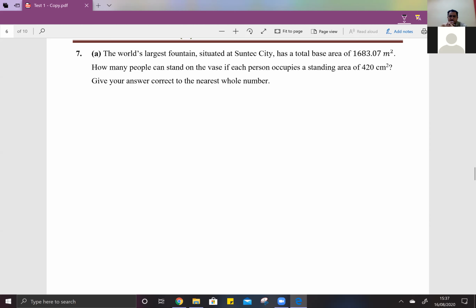Let's find the total base area. You can just write capital T and something equals, no, can you write it not like this?